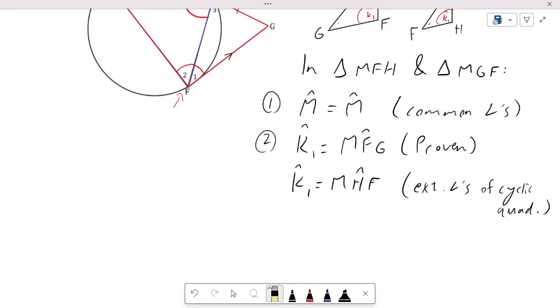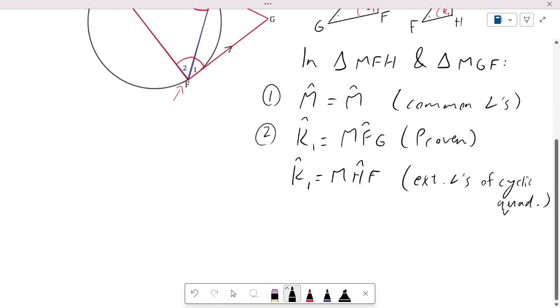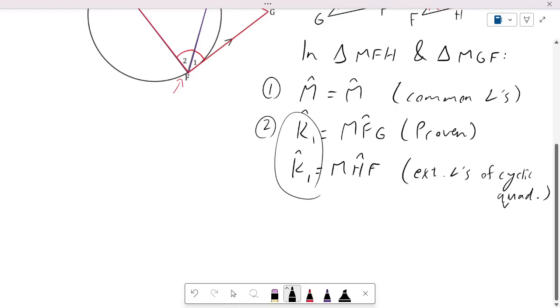Okay. Now, the last step is to actually show that those two are equal, right? We need to show that MFG is actually equal to MHF, which we clearly showed over here because they're both equal to K1. Therefore, we can say that angle MFG is equal to angle MHF, and that is our second angles that are equal to each other.